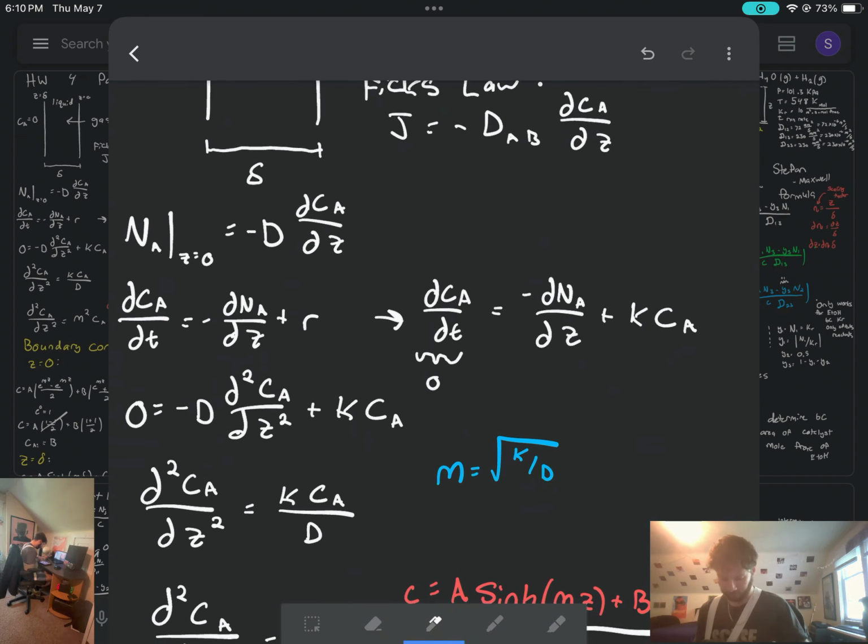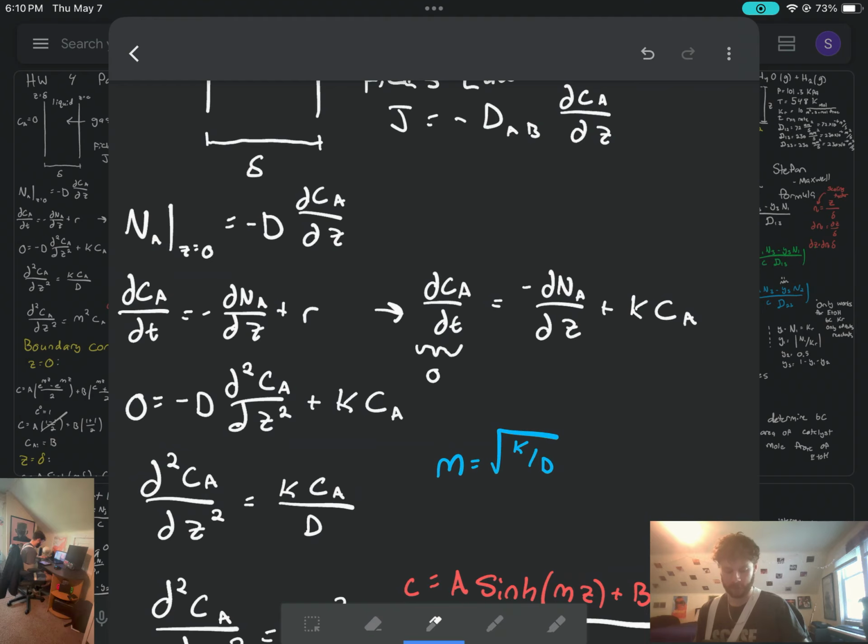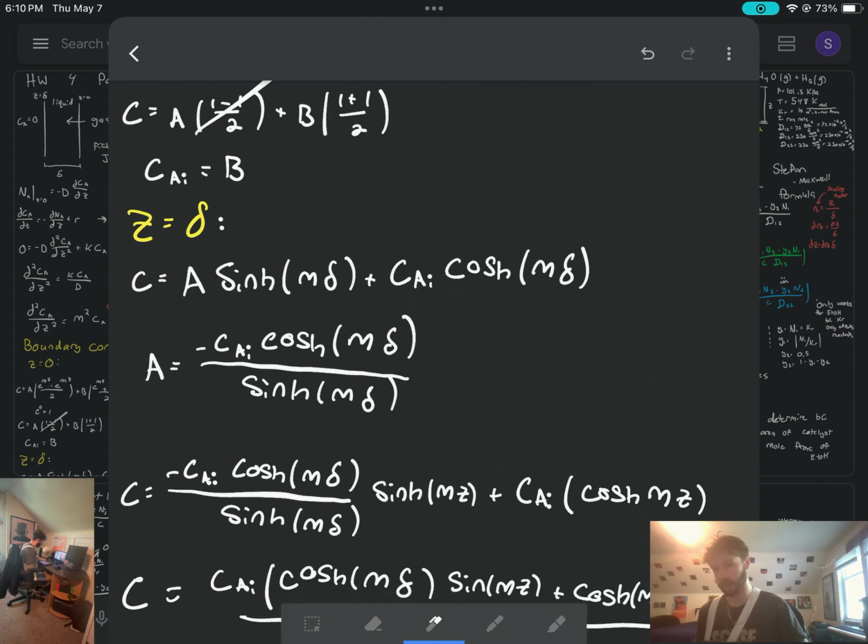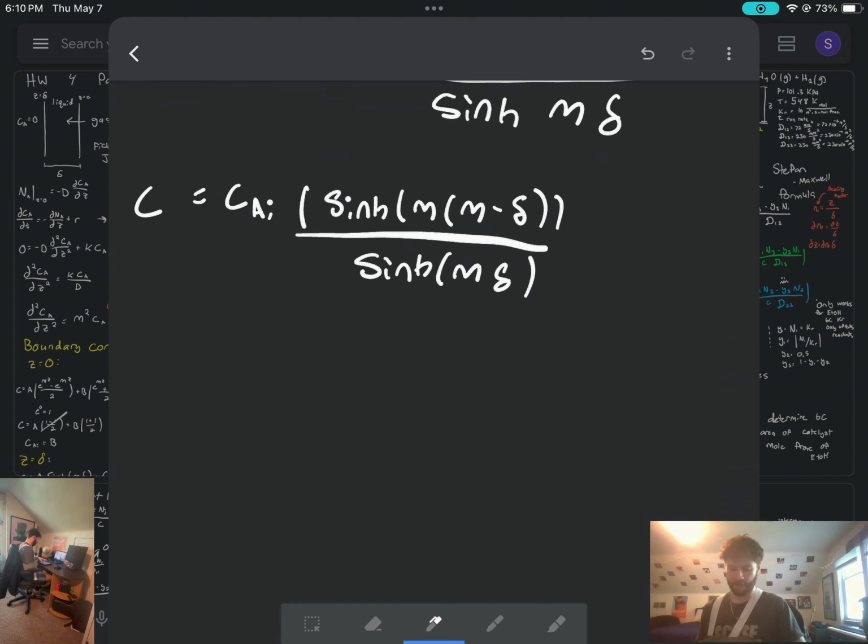We'll say that our molar flux is equal to the negative diffusion coefficient times our change in concentration with respect to position. So the molar flux of our gas A is equal to our negative diffusion coefficient of our gas A flowing through the liquid B times our change in concentration with respect to position.